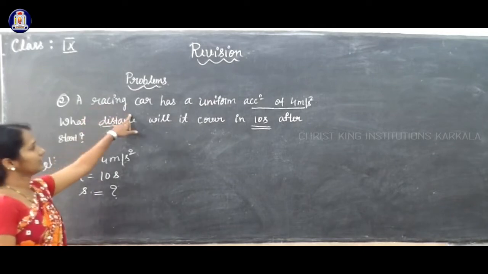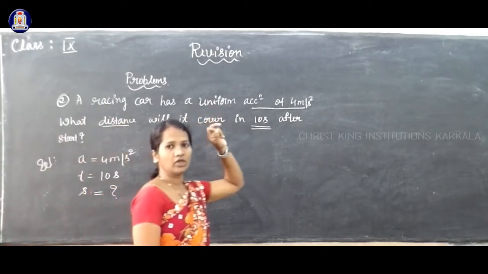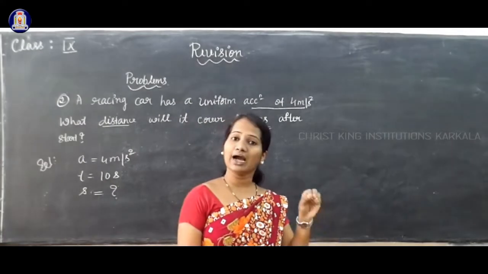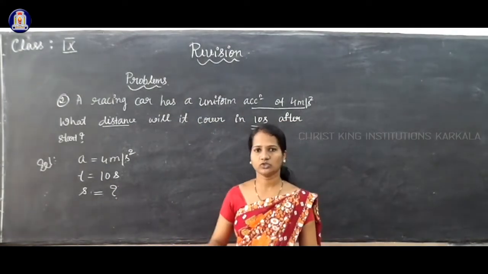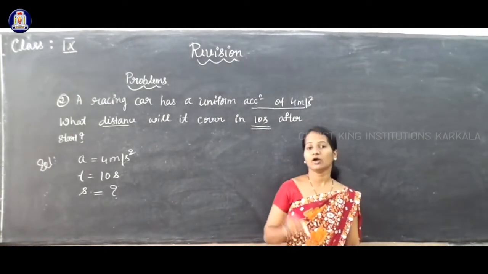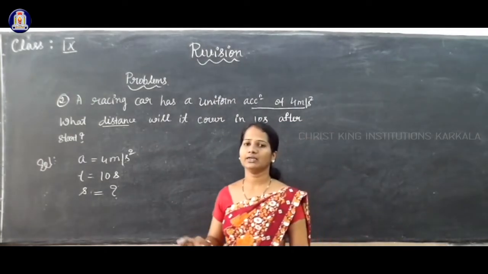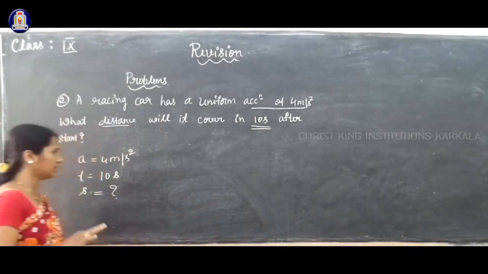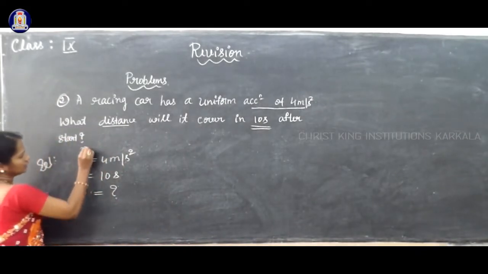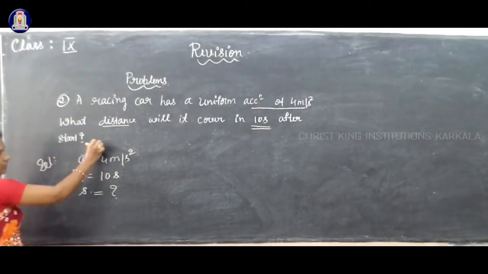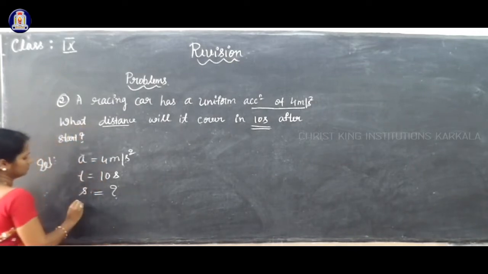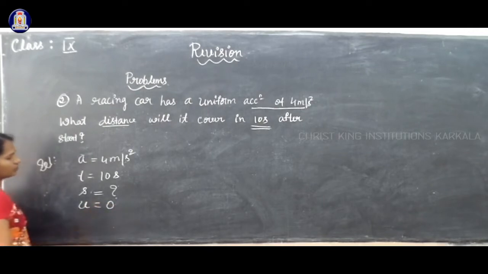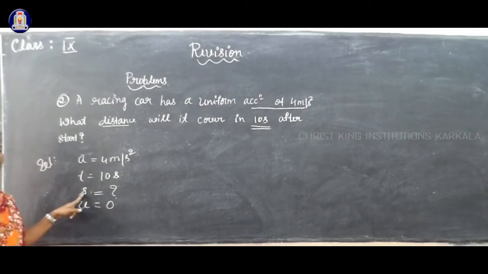A racing car has a uniform acceleration, so in the beginning the car is at rest. From rest, the car starts moving. So the initial velocity of the car is 0. It is not moving, it is at rest. U is equal to 0. So which formula can we use? U is there, T is there, A is there.